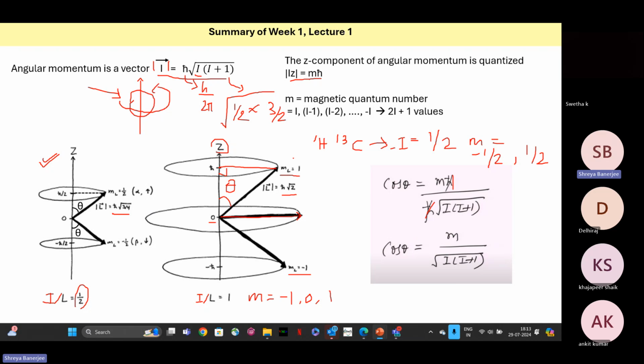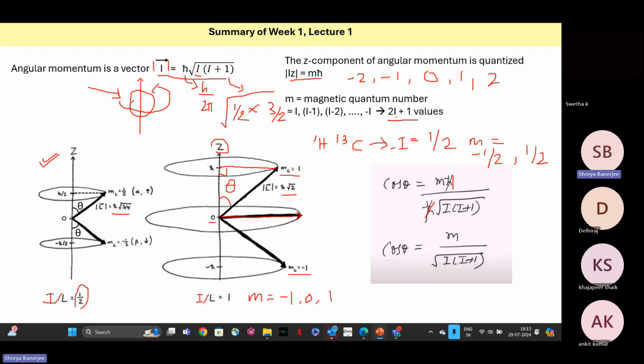So one thing that is clear is that for an angular momentum quantum number I, the magnetic quantum number values range from I to minus I with integral increments of 1. So there are a total of 2I plus 1 values. Suppose I is 2. Then it will go from minus 2, minus 1, 0, 1 and 2.